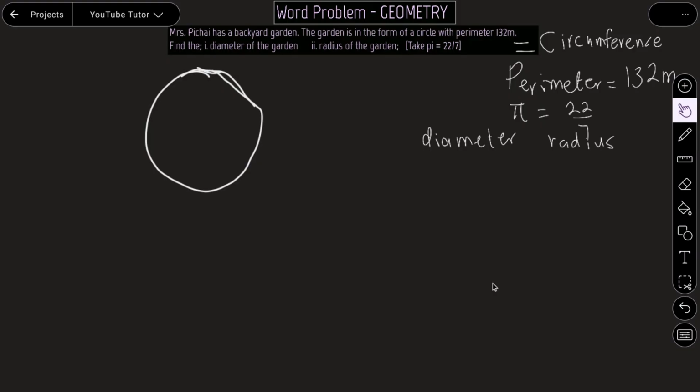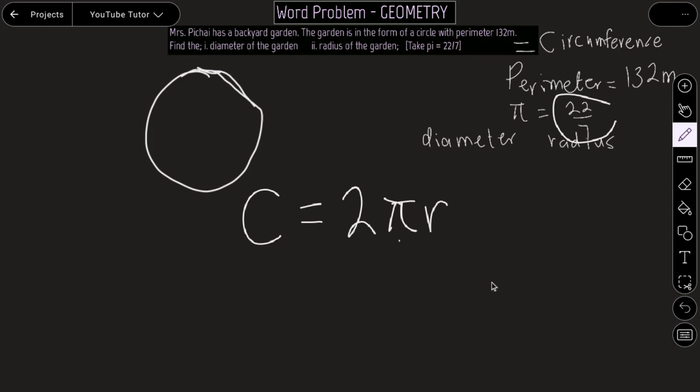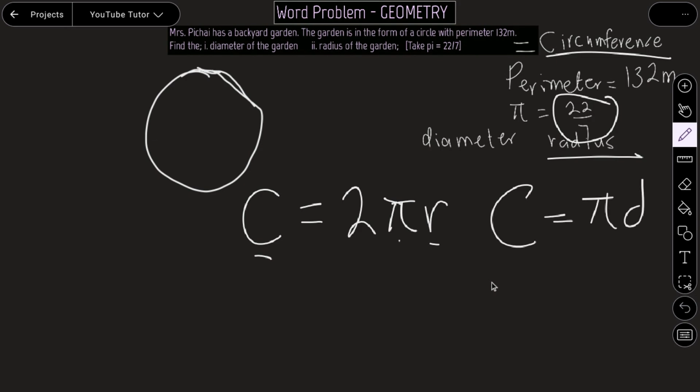Okay, so circumference C can be equal to 2 pi r, where pi is 22 on 7, r is radius, and C is circumference. Or C equal to pi d. So pi, which we already know, and d, which is diameter.